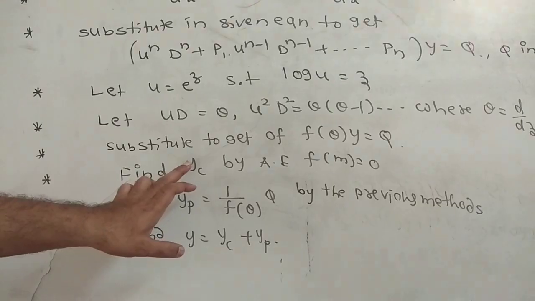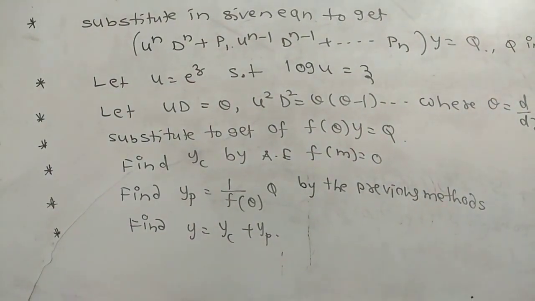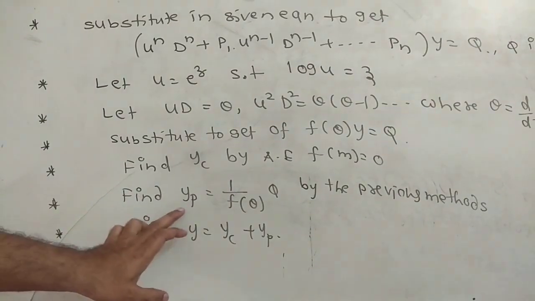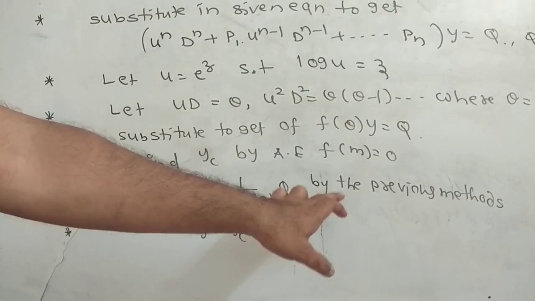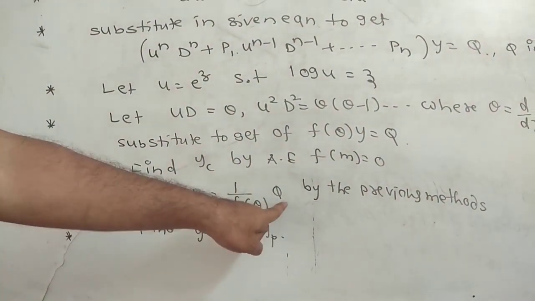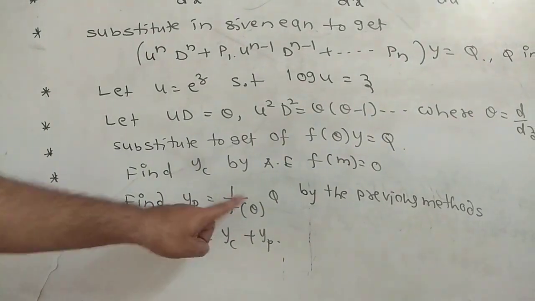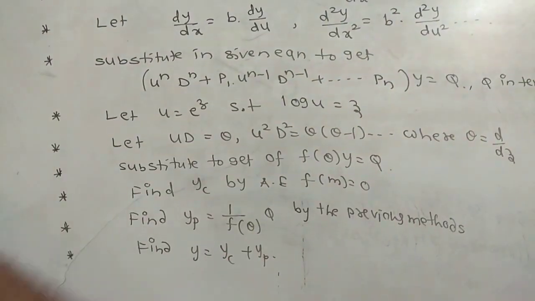Calculate the complementary function by the auxiliary equation f of m equal to 0. Then find the particular integral 1 divided by f of theta of q using our well-known previous methods, depending on the q value, the right side value. After getting yp, the complete solution is y equal to yc plus yp.